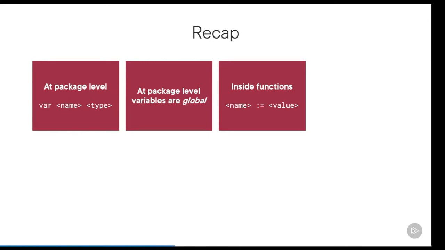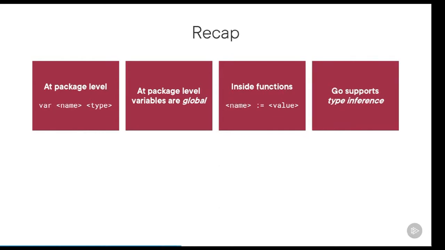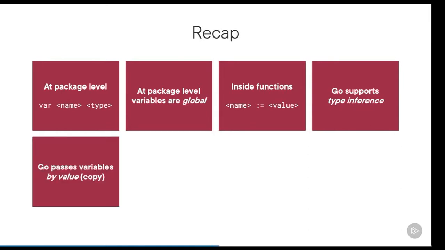We also saw that Go supports type inference. So if we do initialize a variable with a value, Go's clever enough to figure out what type it should be. We also said that Go passes variables to functions by value and not by reference.